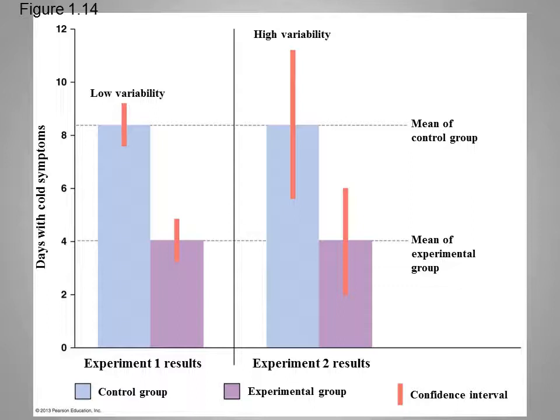However, if you look at the control group in experiment 2, you can see that the variance around that mean is huge. So you might have seen numbers as low as 5.5 and as high as 11.5. So even though the averages were the same, the variance around the mean is vastly different. If we were going to argue at face value which data set is more statistically significant, you could argue that the first experimental group is more likely to be statistically significant.